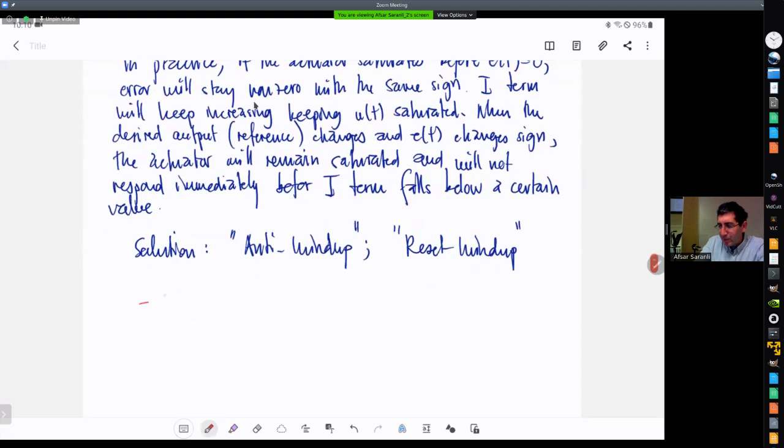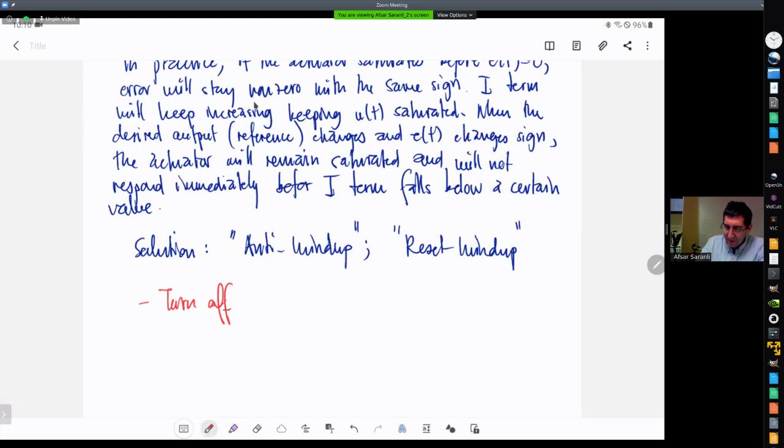You can, for example, turn off. These solutions are not mathematical solutions, they are really procedural solutions. Okay, you need to somehow manage the different terms in the PID controller, in particular the integral term.